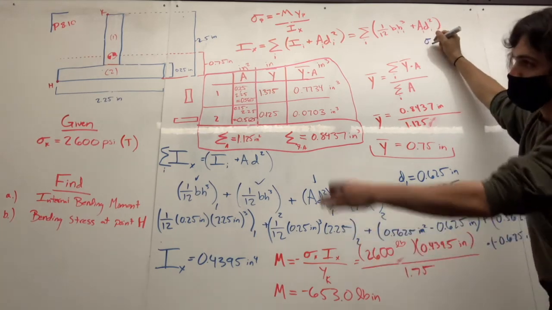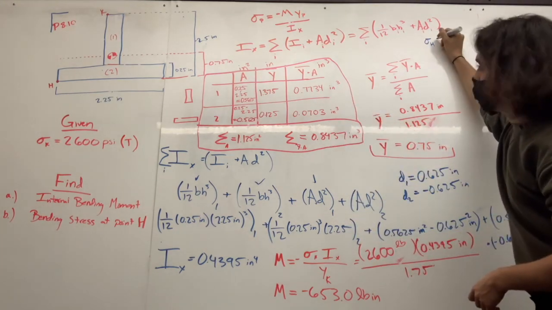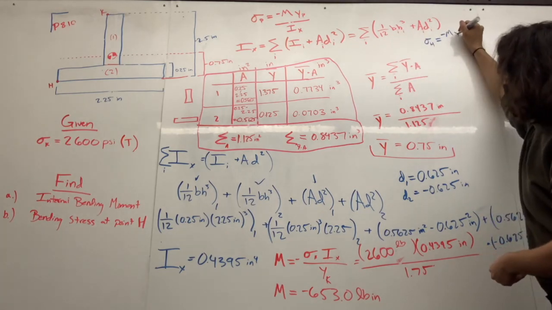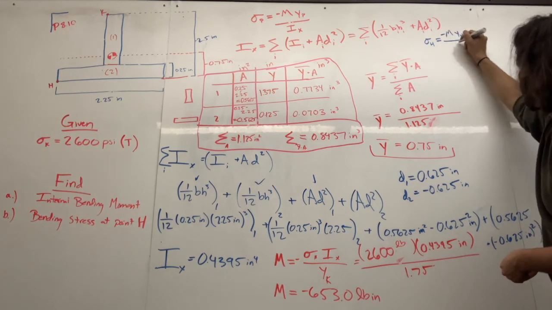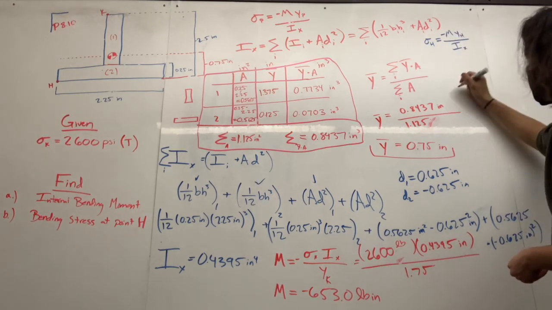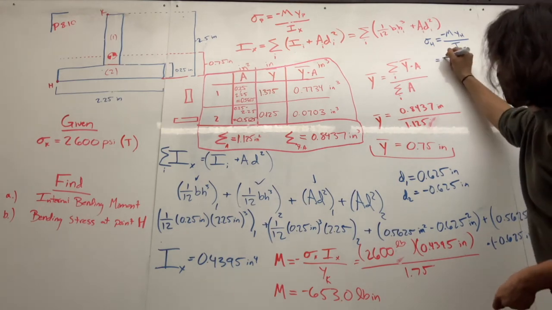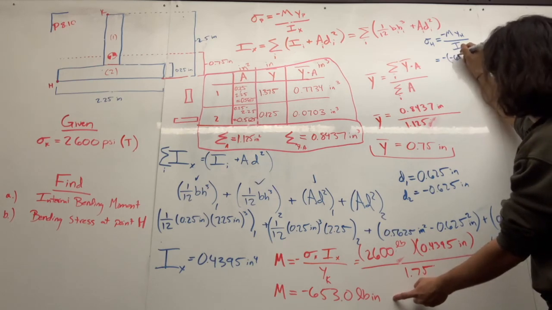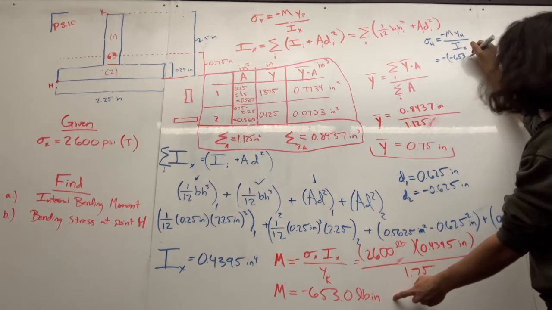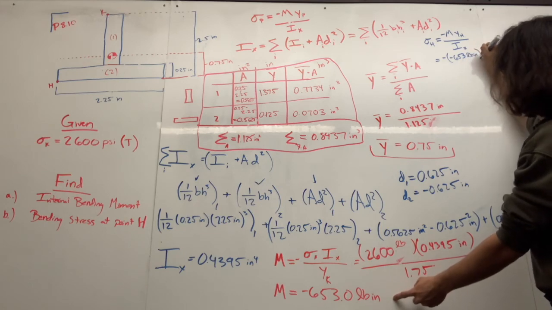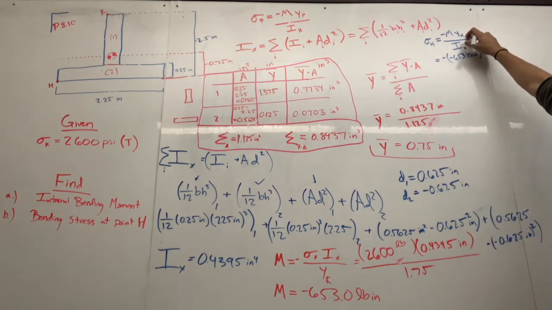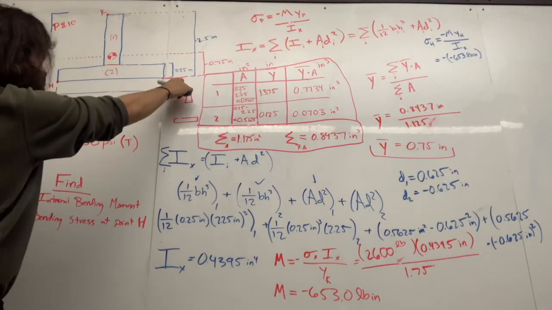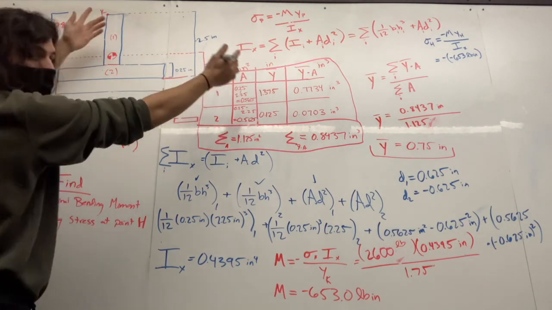So it's the internal stress, and we're analyzing at point H, is equal to negative moment times the distance to that point divided by the area moment of inertia. So we know it's negative moment, which is already negative. So negative 653 pound-inches times the distance from the centroid to point H, which since point H lies on our axis, the distance is just this distance, so it'd be 0.75.